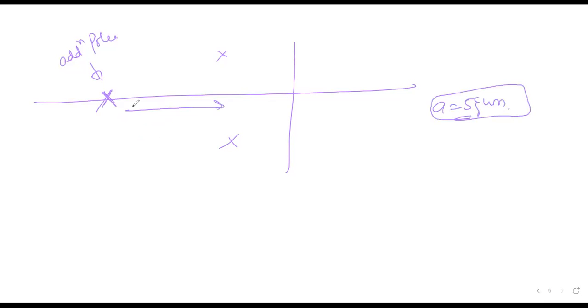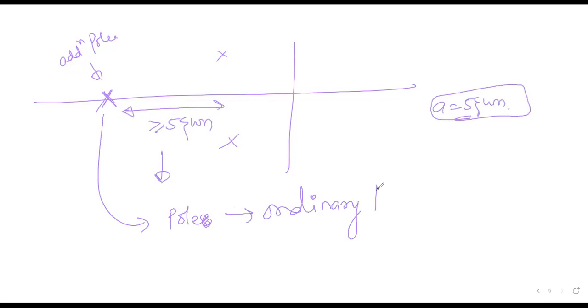If this distance is greater than or equal to 5 zeta omega n, you will say that this pole is an ordinary pole and you can neglect it.